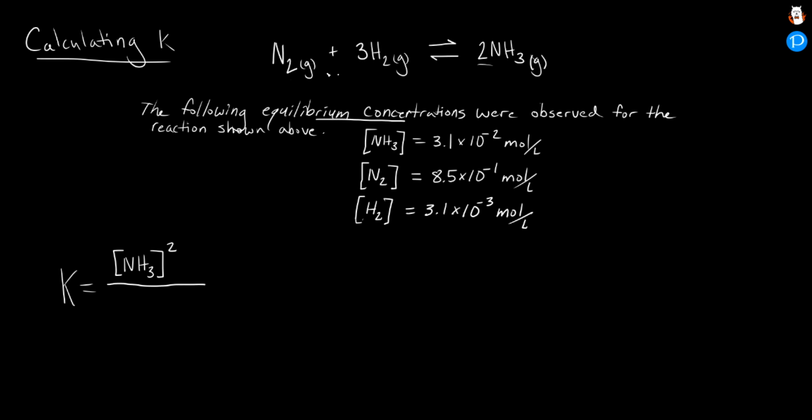And then on the bottom, we're going to have our reactants. So concentration of N2 to the first power times the concentration of H2, and that's going to be cubed. There's my equilibrium expression. Now I can plug in my concentrations and just crunch the numbers, and then that will give me the K value.